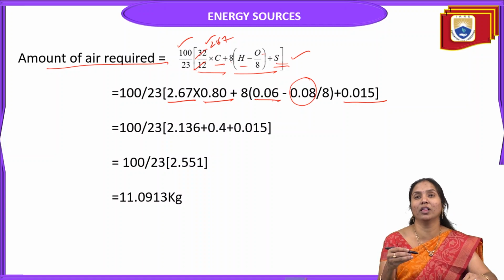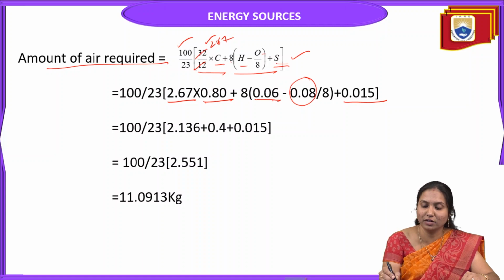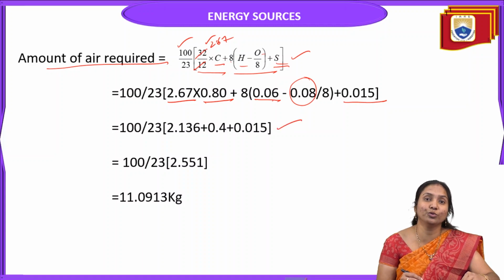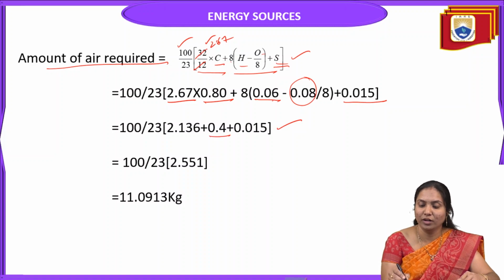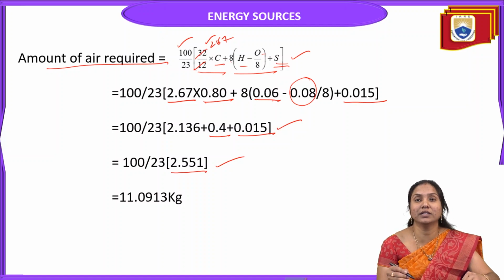So we substitute all the values in this formula. After calculation, we get 100 by 23 into 2.136 plus 0.4 plus 0.015. After addition, we get 100 by 23 into 2.551.